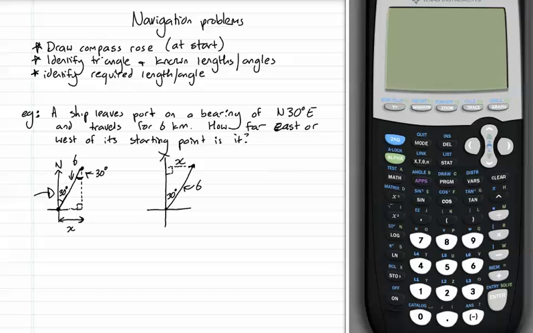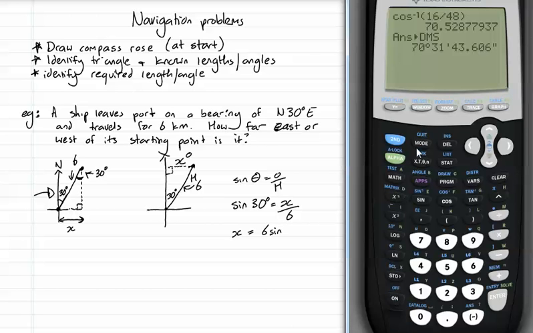We label our triangle. I've got opposite and hypotenuse. I'm using the second one since it's slightly less untidy. That will be sine. Sine of the angle is opposite over hypotenuse. Sine of 30 degrees is, the opposite was x over the hypotenuse was 6. So x is 6 sine 30 degrees.